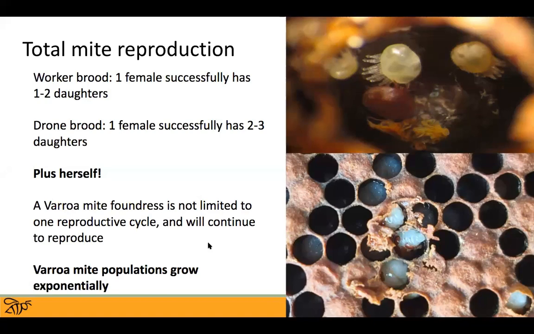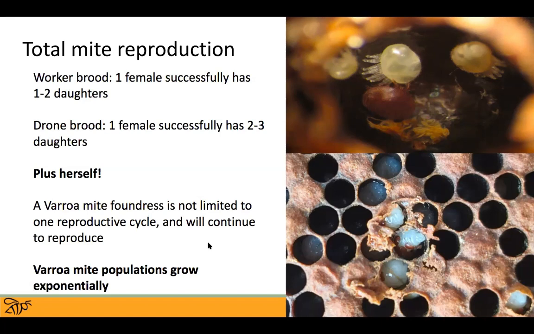It's really important to understand that Varroa mite populations grow exponentially. If we think about the highest range of average offspring that they can have, one foundress mite in her lifetime can produce about 12 daughters, and then each of those daughters can go on to produce 12 of their own daughters.